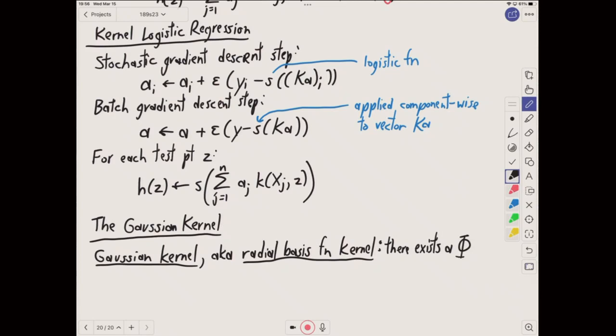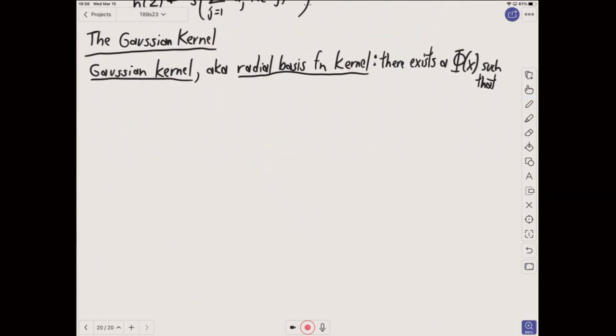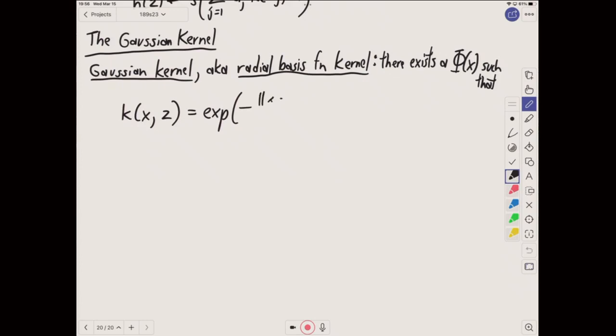There exists a lifted vector, phi of x, that has the following property: if you compute the kernel function of x and z, in other words, if you compute the inner product of phi x and phi z, then it's equivalent to computing this. This is the result you get.